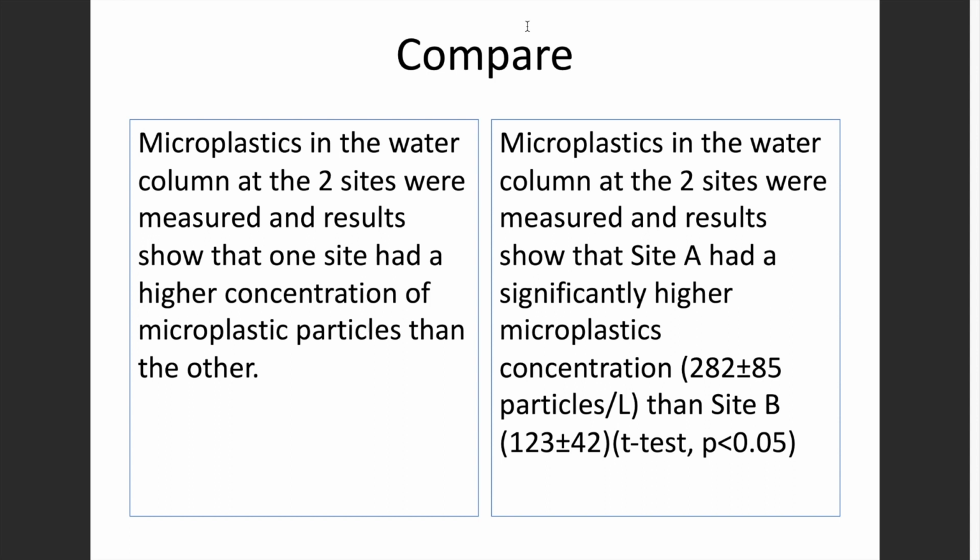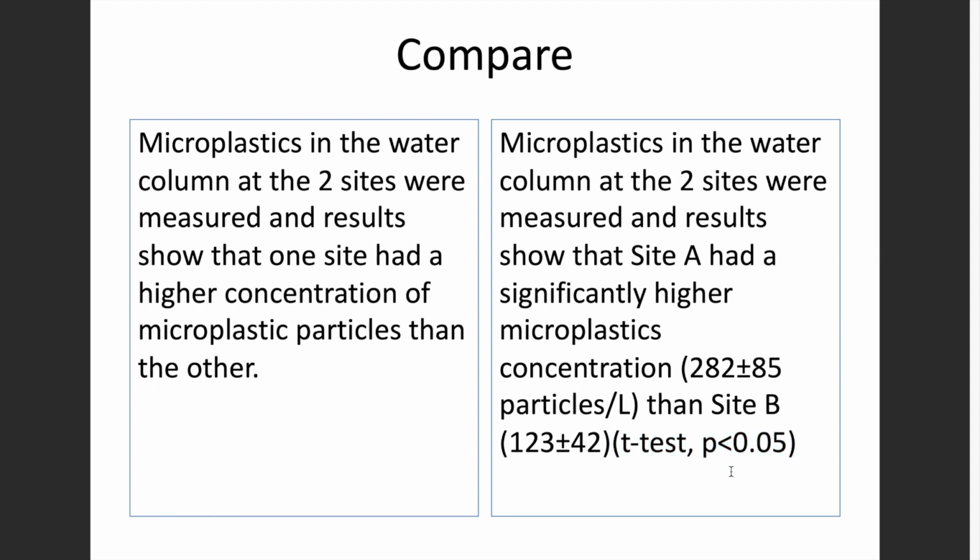The next one says, microplastic in the water column at the two sites were measured, and the results show that site A had a significantly higher microplastic concentration, and it gives us the value, particles per liter, than site B, and it also has the value. Plus, he also gave us the p-value of the statistical analysis that he performed.